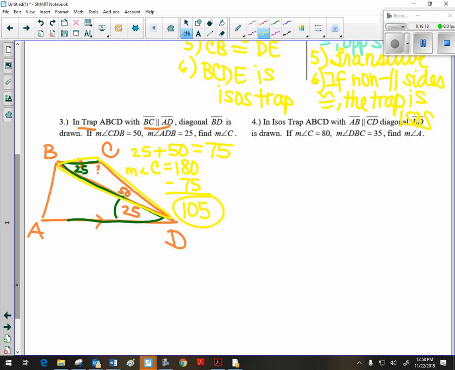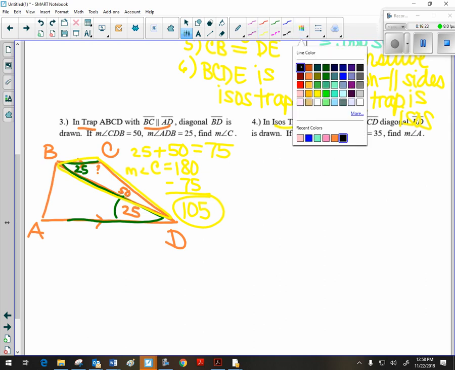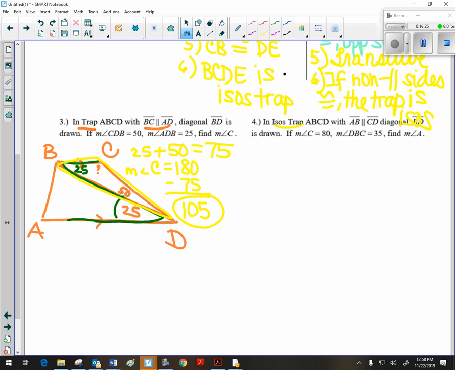In question number 4, it does change now, and it tells us that it is an isosceles trapezoid. So like we've talked about before, that means I want to be a little careful on how I draw it. So I'm going to draw it so it looks kind of isosceles. Notice the parallel sides, AB, be careful, CD, because you have to work your way around the shape according to the way that they name it.